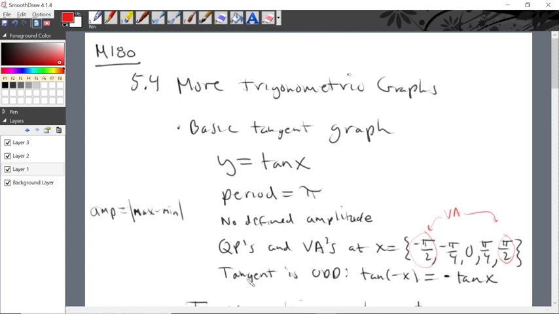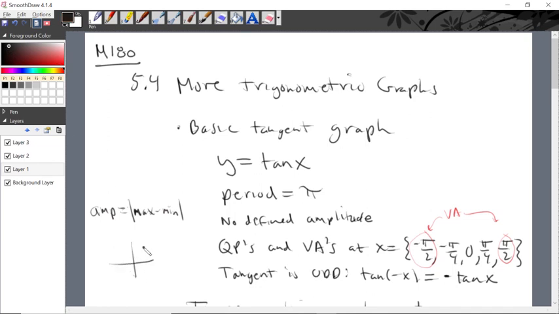And finally, another attribute of the tangent function is that it is odd, and an odd function satisfies this symbolic relationship, f of negative x equals negative f of x, which is represented also on the graph as a type of symmetry, a symmetry about the origin, which can be seen as either a double reflection or a rotation through 180 degrees.